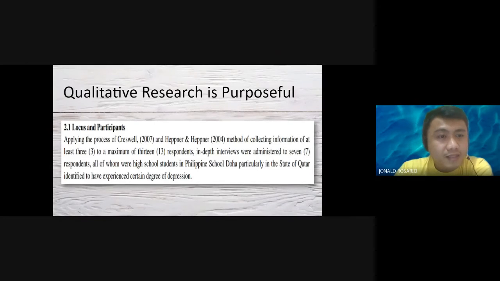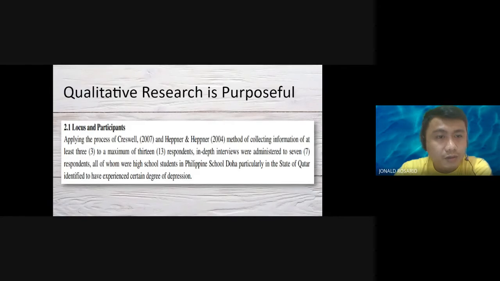So applying the process of Creswell 2007. So ganito po tayo magsulat or mag-state. Okay? Sa research po, sa paggawa ng research, ginagamitan po natin ng in-text citation.